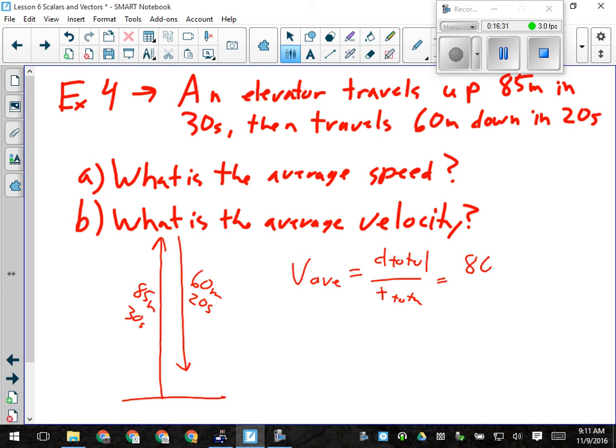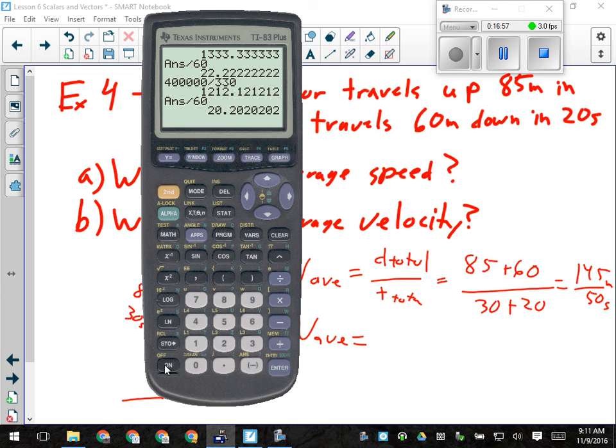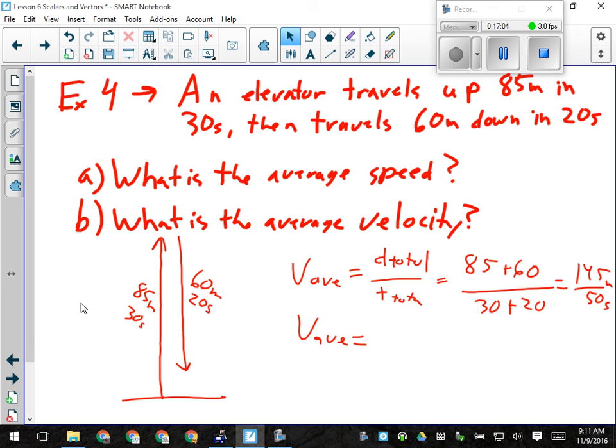So that's going to be 85 plus 60 over 30 plus 20. That way I've calculated the total distance and the total time. So 145 meters over 50 seconds. 145 divided by 50 gives me 2.9 meters per second.